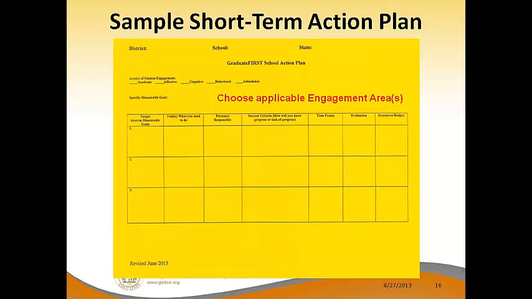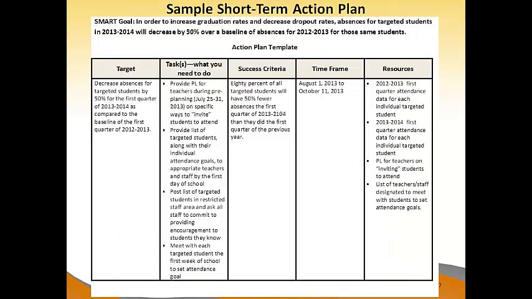So here's a really good sample of what a short-term action plan will include. You see a well-written SMART goal, and then what is it you're wanting to target? So you're to decrease absences, in this case, of students by 50% for the first quarter.